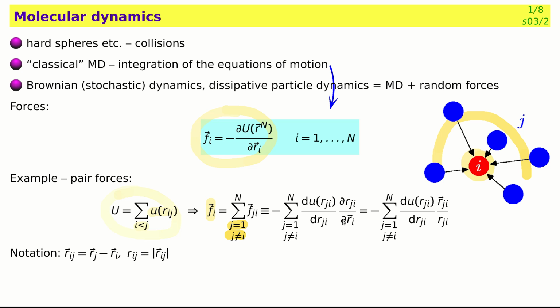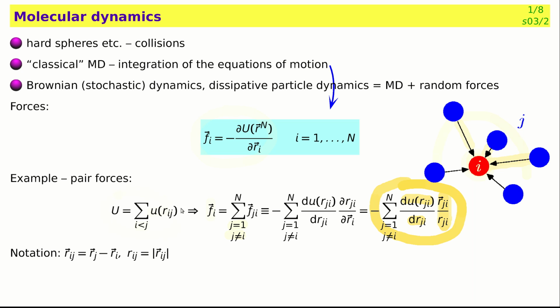After doing the calculation, we find that the net force acting on particle i is a sum of these pair forces, and each of these pair forces is in the direction of a vector between these two particles. A normalized vector between these two particles is given here. It is the vector divided by its value, and this is the magnitude of the force. This is the direction, so this is the final formula.